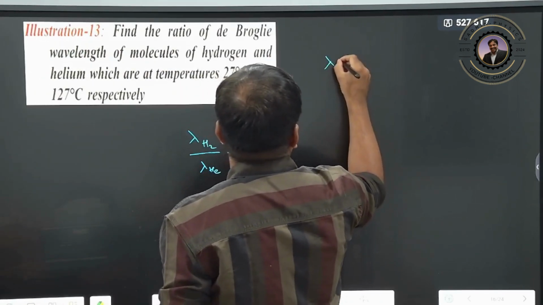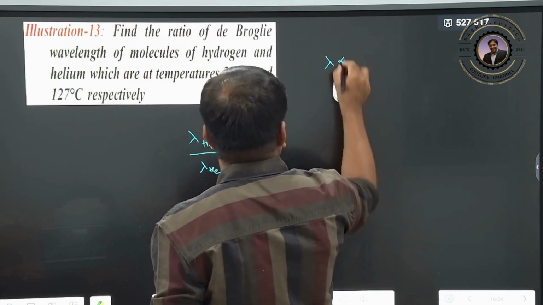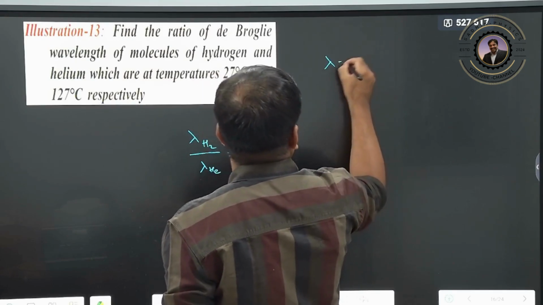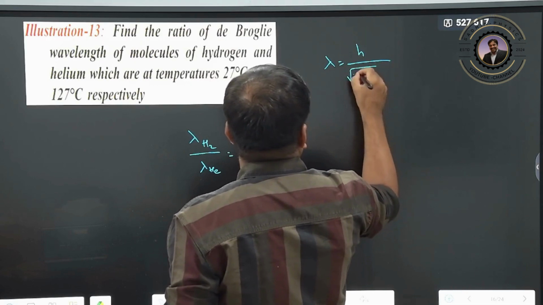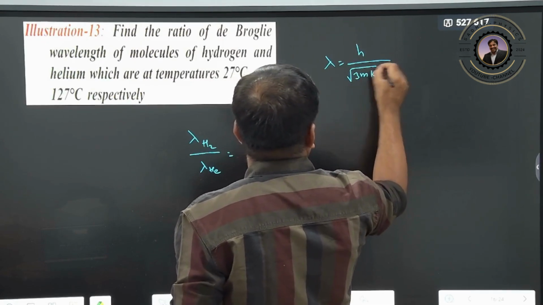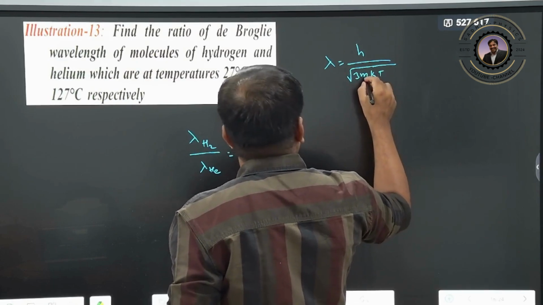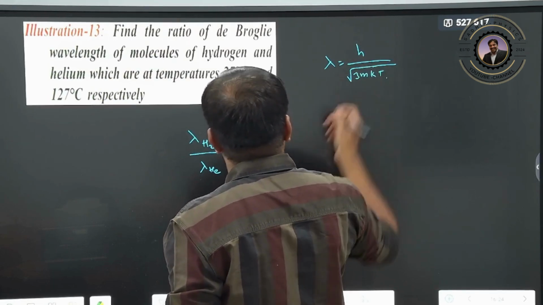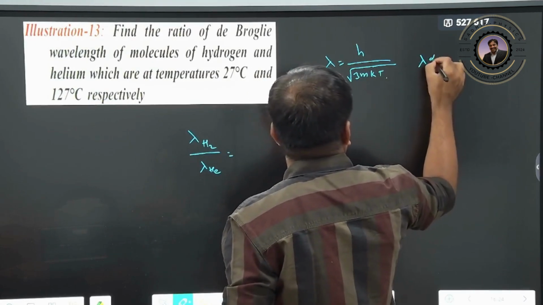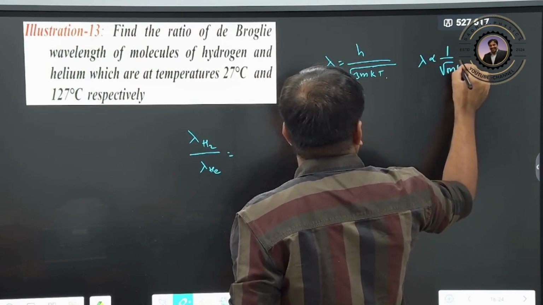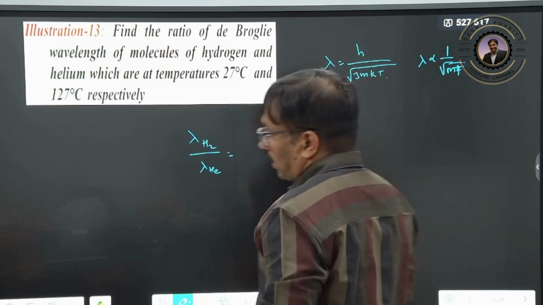Therefore here you can rewrite it as h by square root of 3mkT. Here k is the same, so de Broglie wavelength is inversely proportional to root of m into T. Clear?